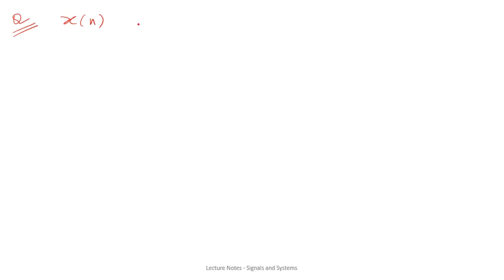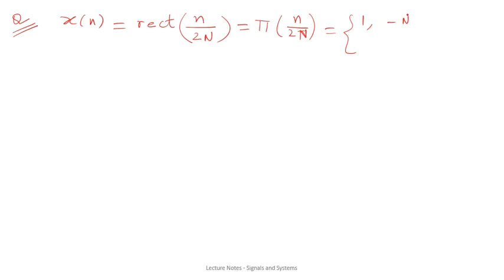Let us say this is the signal x[n] equals rect of n over 2N, or it can also be represented as this gate signal, and this is equivalent to these values.